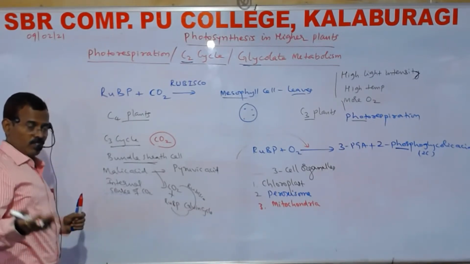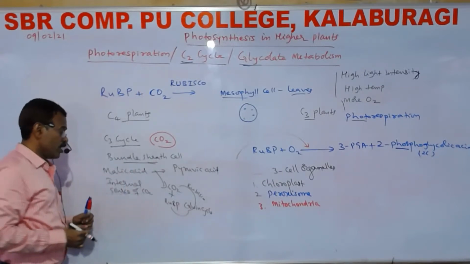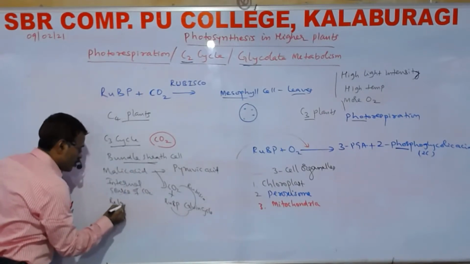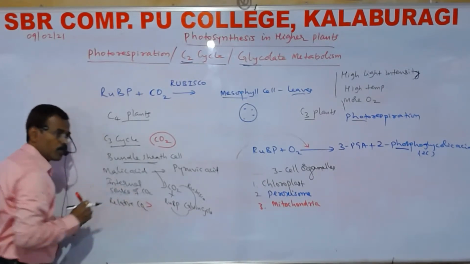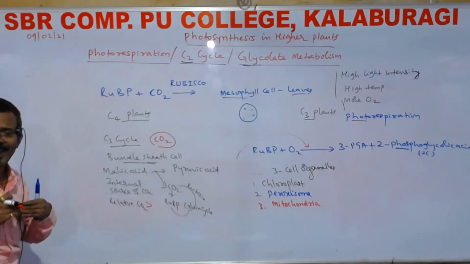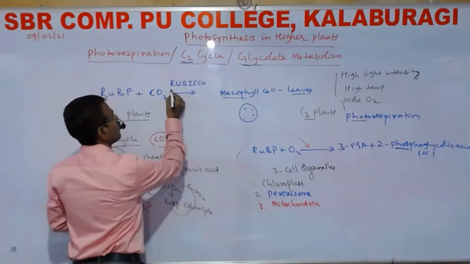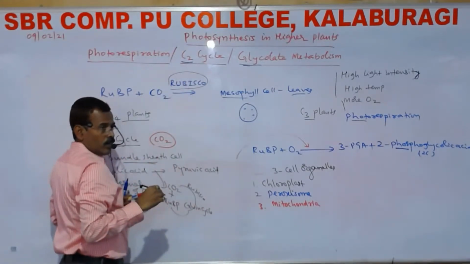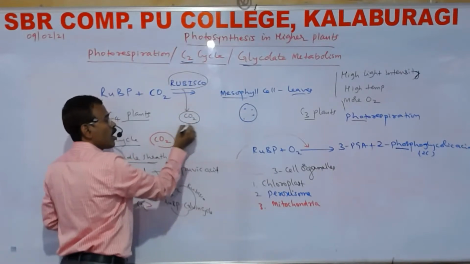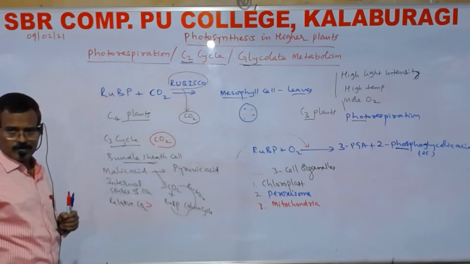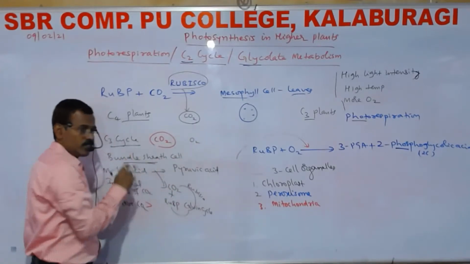It is coming due to the decarboxylation of the organic acid. Hence, the relative concentration of carbon dioxide in the bundle sheath chloroplast will usually be maintained at a greater amount. Hence, this Rubisco enzyme is capable of fixing only carbon dioxide. It will not fix oxygen in these bundle sheath cells.